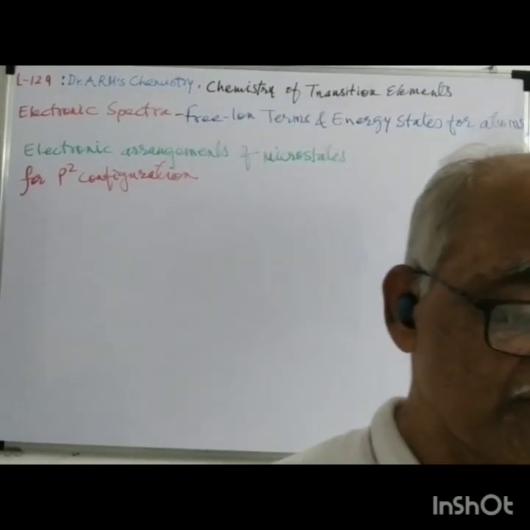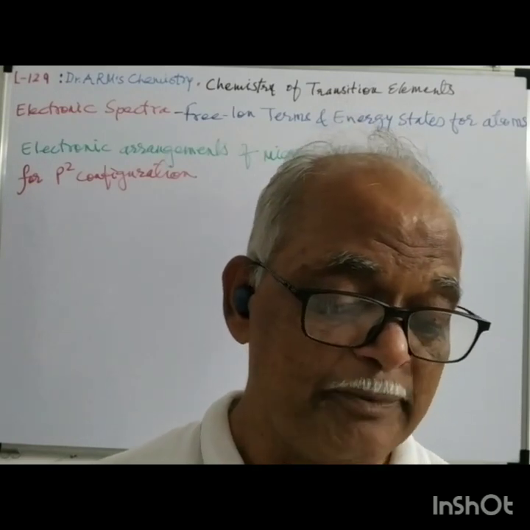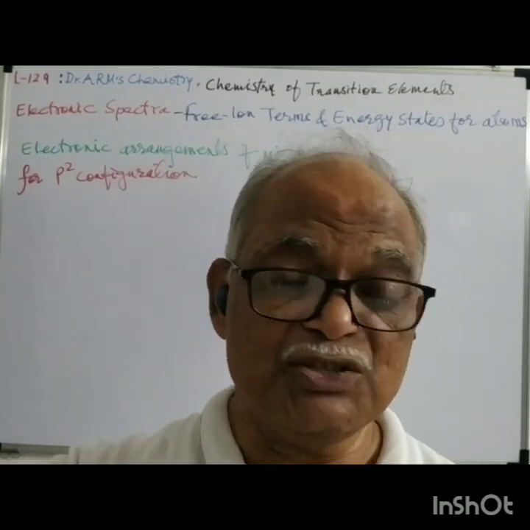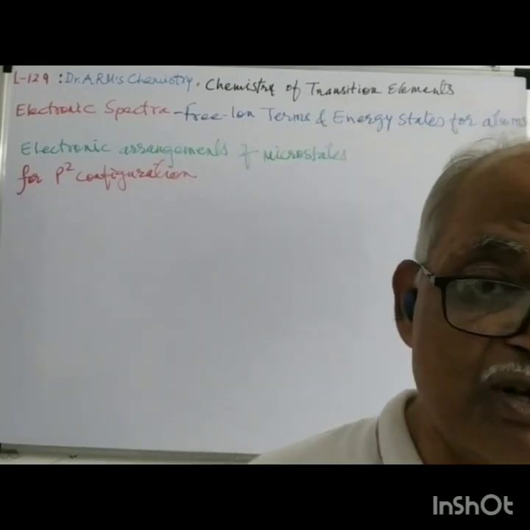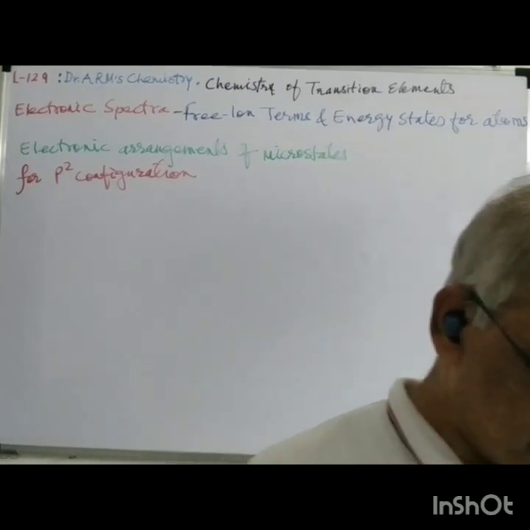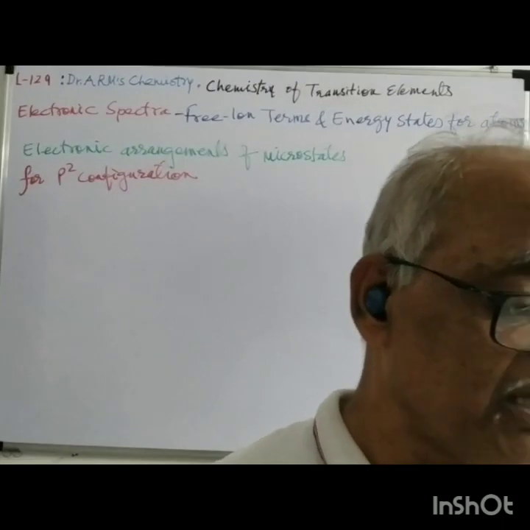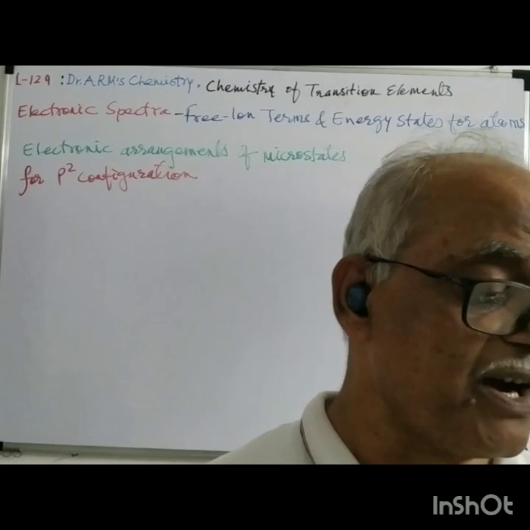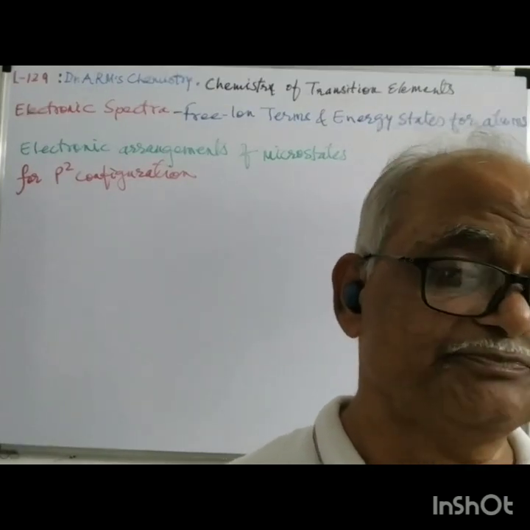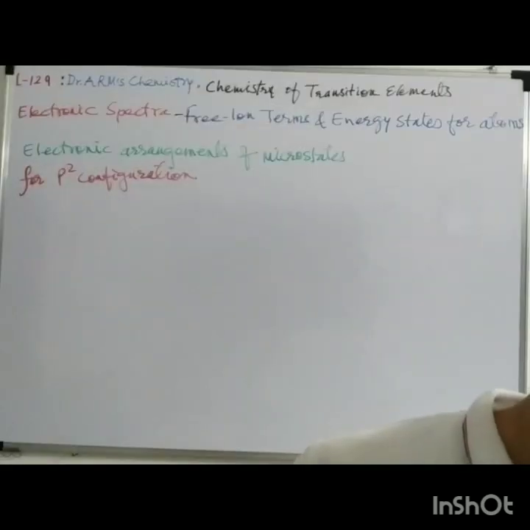So the orbital angular momentum quantum number of each electron is used here to produce the new quantum number called ML, and it defines the energy states for the atom. So we can show these energy states in different ways.